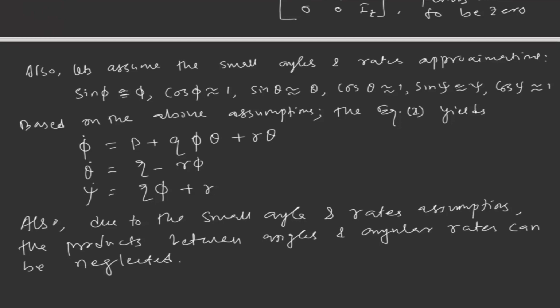So the terms we can neglect: phi theta, r theta, r phi, and q phi. These terms we can neglect in equation 3.